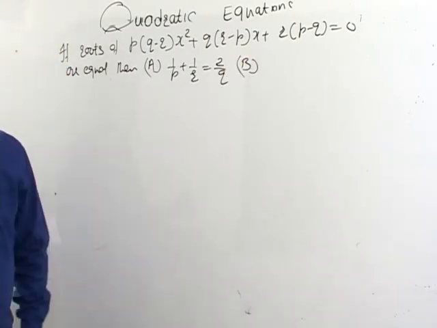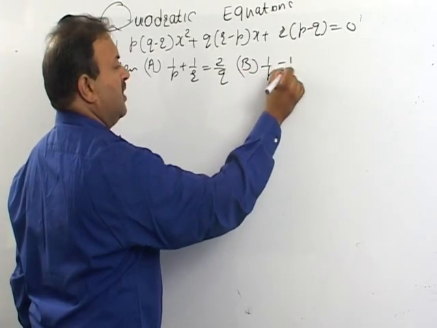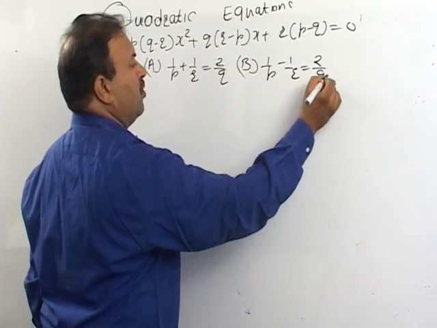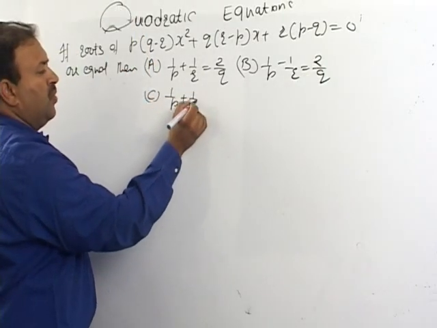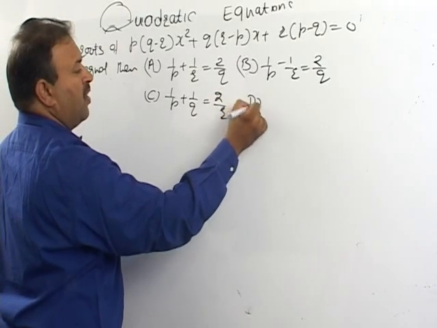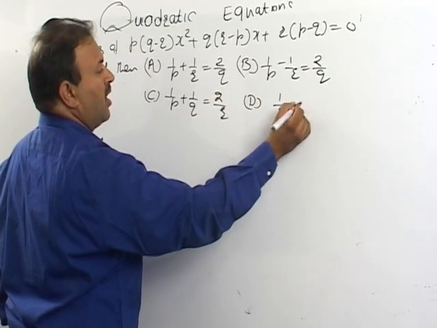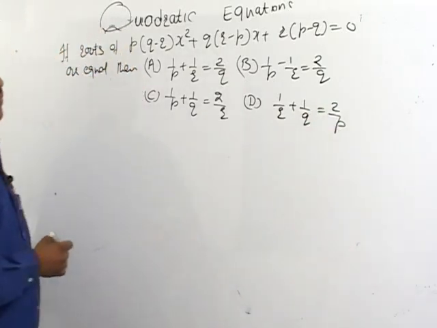Option B is 1 upon p minus 1 upon r is equal to 2 upon q. Option C is 1 upon p plus 1 upon q is equal to 2 upon r, and option D is 1 upon r plus 1 upon q is equal to 2 upon p.